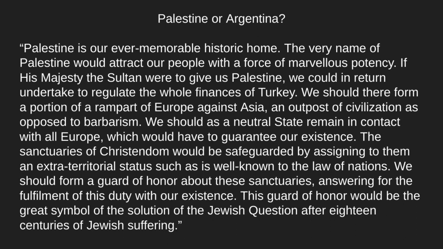This is going to be one of the reasons why many people are going to be hostile to this project. But he's articulating it here as if it's an asset, an outpost of European civilization as opposed to barbarism, i.e. Arab barbarism.